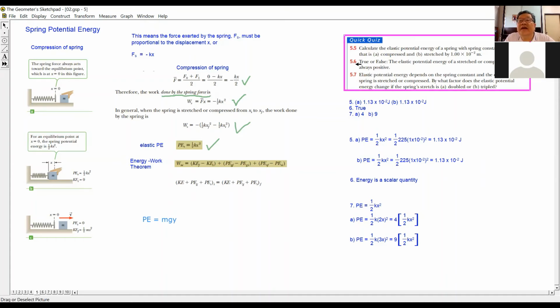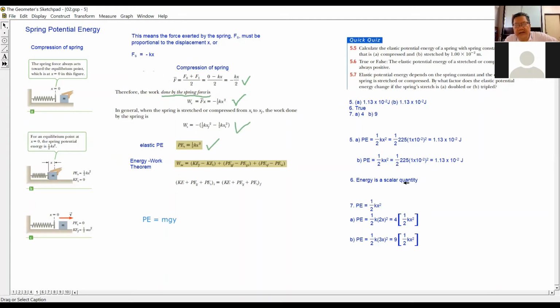Okay, you read the second question, quiz 5.6. True or false? The elastic potential energy of a stretched or compressed spring is always positive. So the answer is true, because energy is a scalar quantity.